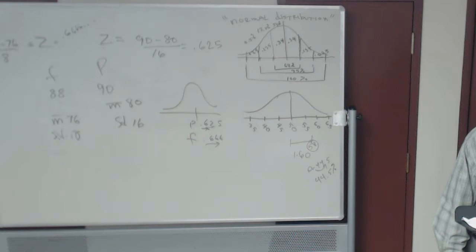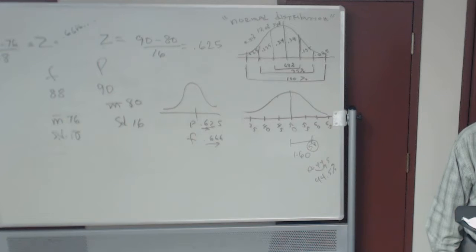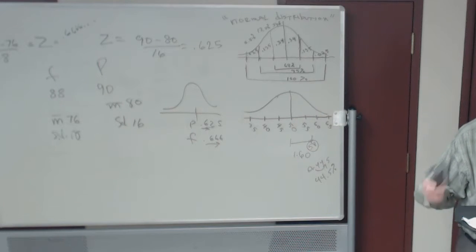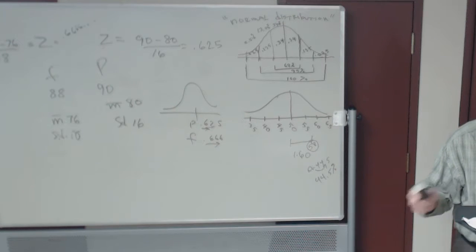Now, problem 11 says, find the probability that a randomly selected student will have a score between 50 and 62. You have to do that z-score thing for 50 and for 62, and then find those probabilities and subtract them.